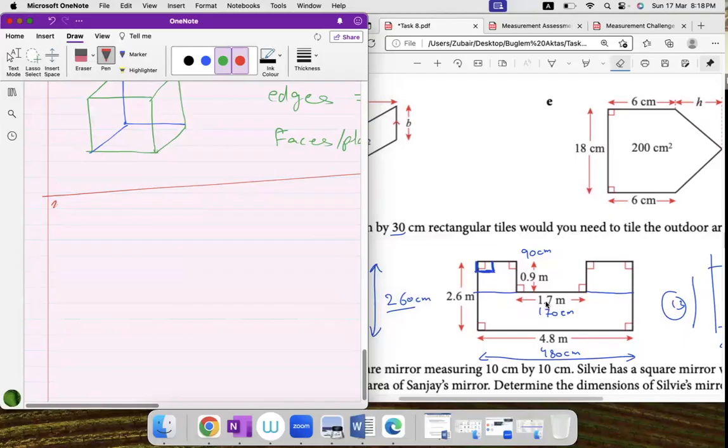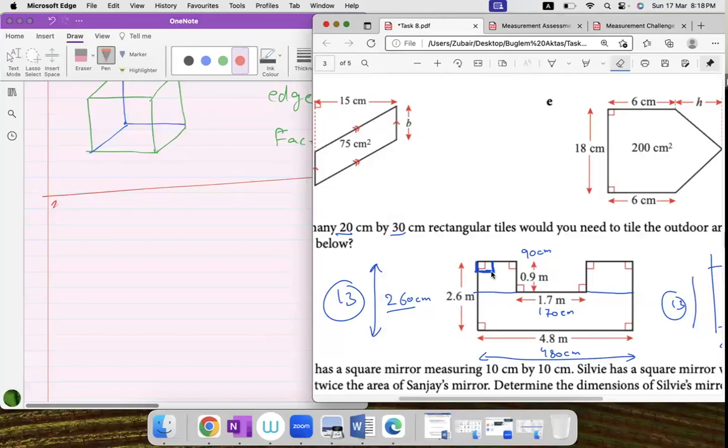480 by 20 is giving me 24. And if I go on the other side, 260 divided by 30 is giving me fractions. So 20 by 30 rectangular tiles, if we are placing them like this, 13 tiles will be placed in this way if this is 20 centimeter each.